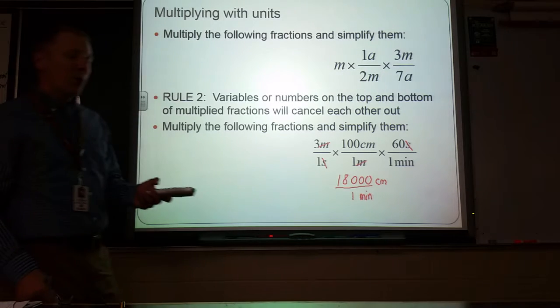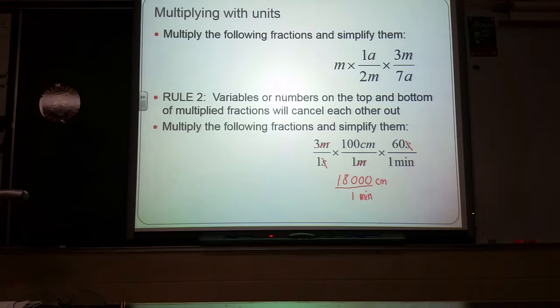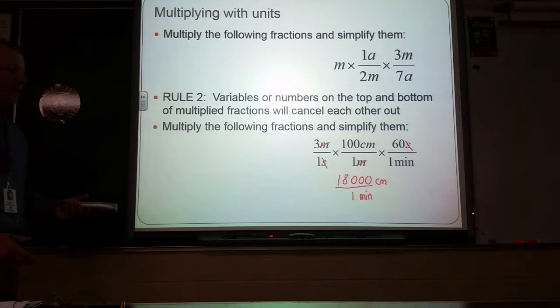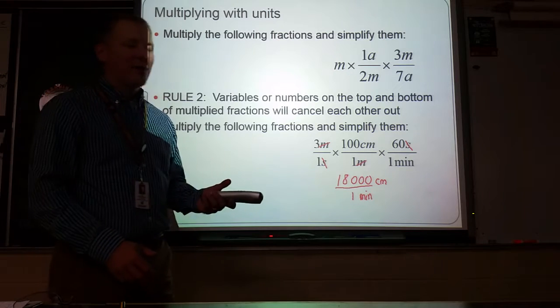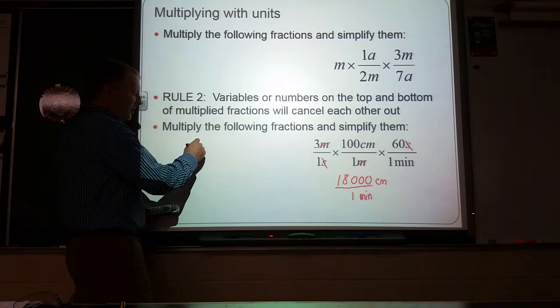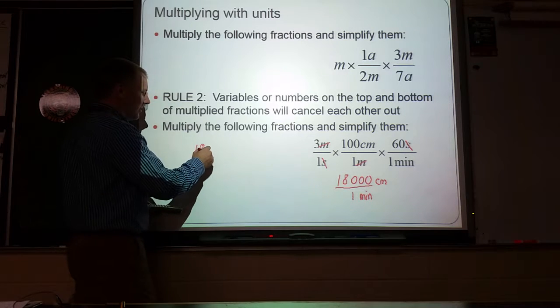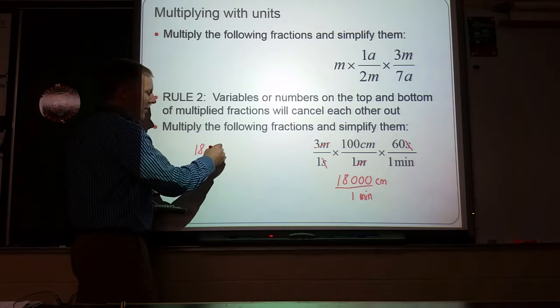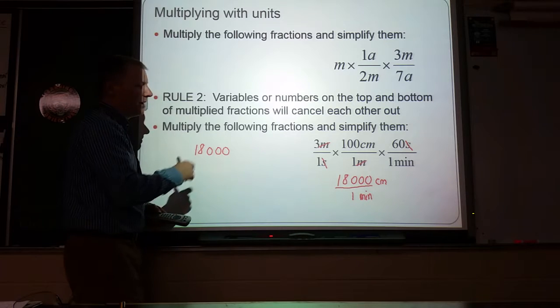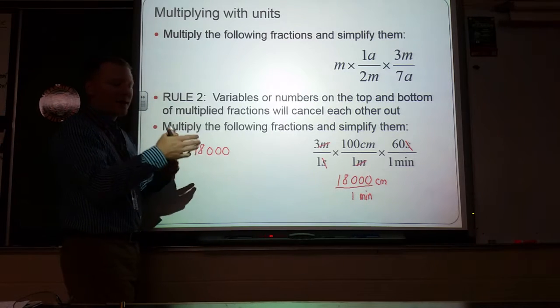Well, now we wouldn't report the whole answer like this, because we can't report anything, especially on the computer, as a fraction. So, I'll write over here. The way we report this, we divide out the numbers. So 18,000 divided by 1 is obviously 18,000. And then the units we put more or less side by side.